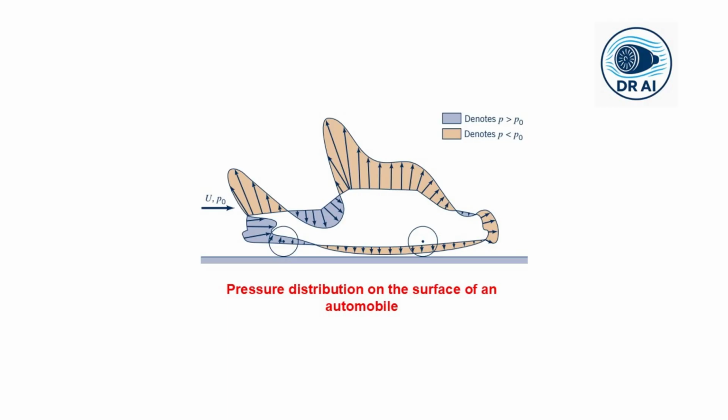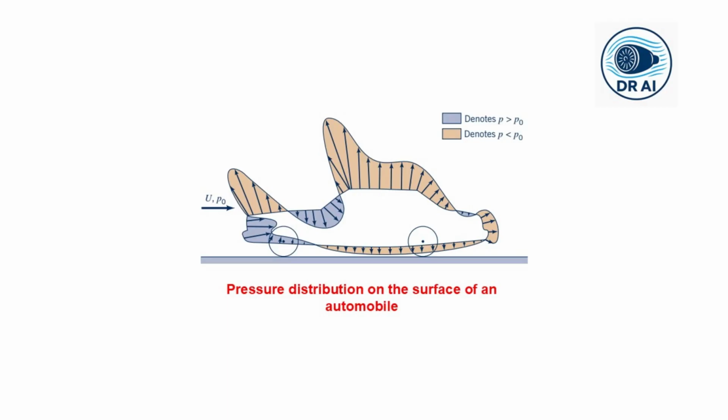At the front grille and the base of the windshield, air stagnates, it slows down, and the pressure increases. These are high pressure regions. Over the hood, the roof, and particularly over the rear window, air accelerates. According to Bernoulli's equation, where velocity increases, pressure decreases. These are low pressure regions.